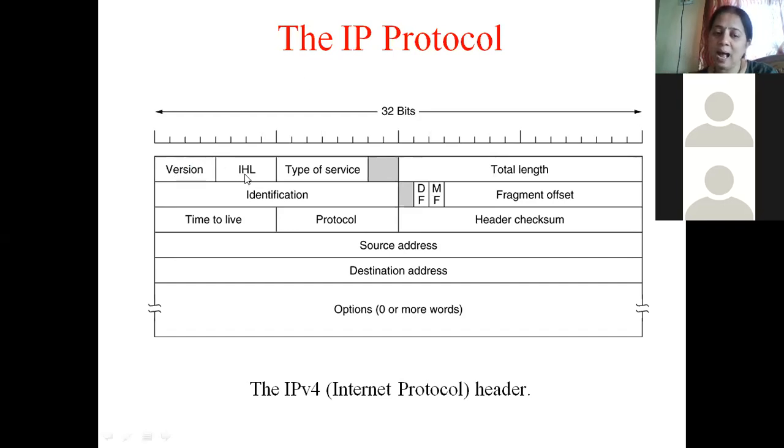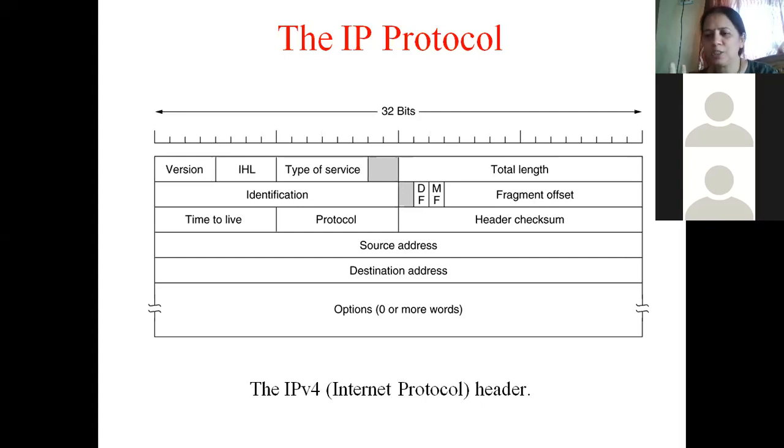After that comes the IHL. Yesterday I was telling you, IHL indicates the total length of the header. Why we require this is because there is one fixed part and one more optional part. So fixed part will always be 20 bytes. But if the optional part is variable length, then the total length is indicated with the help of IHL. Yesterday I was giving you an example.